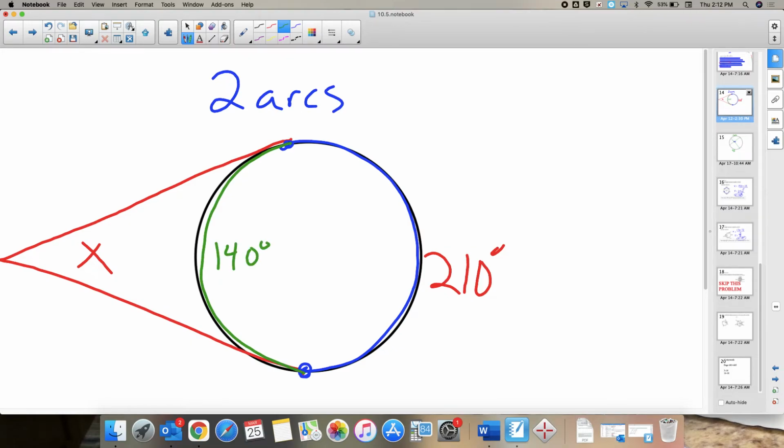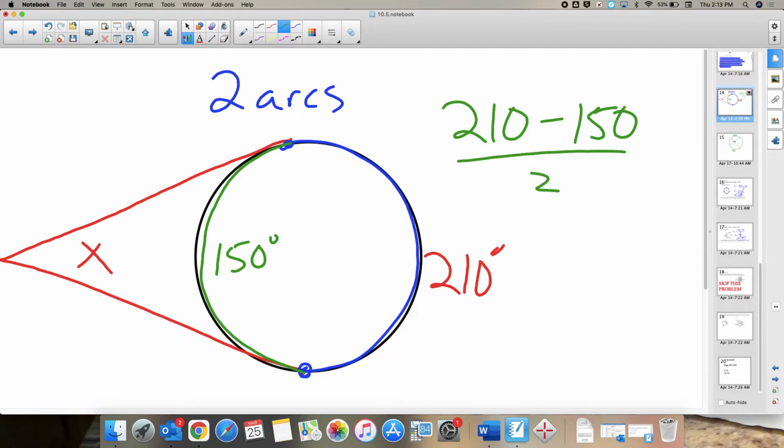So intersection outside your circle, it is big arc, not 140, 150. I must take my big arc minus my small arc and divide it by 2. 210 minus 150 gives me 60 degrees. Divided by 2 tells me my angle would be 30 degrees.